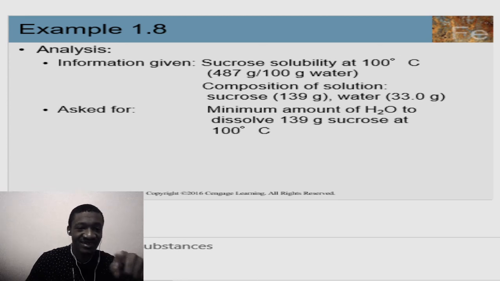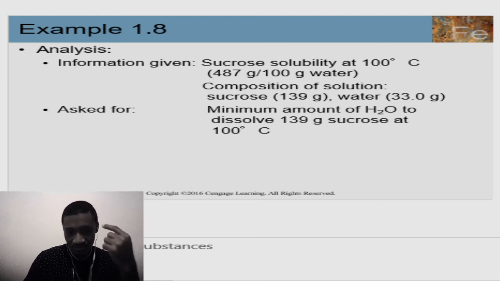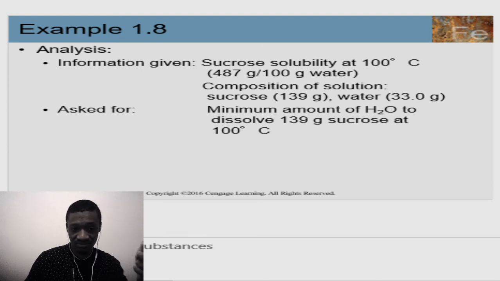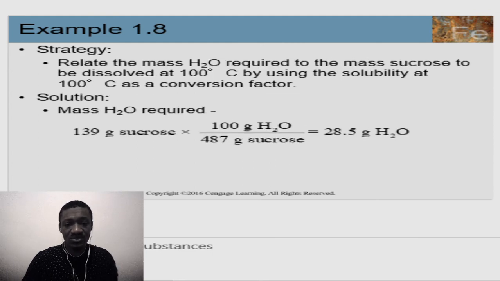So you have the values in comparison to the temperature, but we'll use the one for 100 because our question involves 100. So the minimum amount is what is asked. We're given an amount, and we ask for the minimum. So what we'll do is to relate the mass of water required to the mass of sucrose that is dissolved in 100 grams using the solubility conversion factor that we do have.